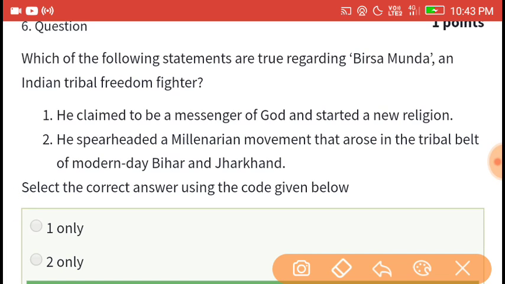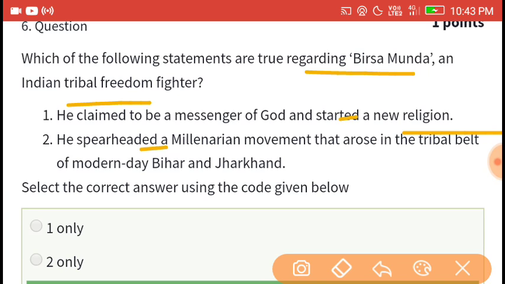Next question. Which of the following statements is true regarding Birsa Munda, an Indian tribal freedom fighter? He claimed to be a messenger of God and started a new religion.